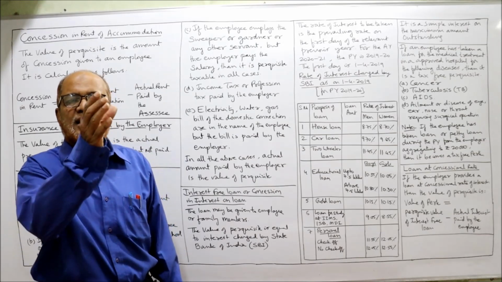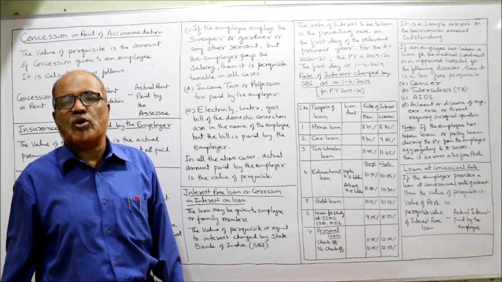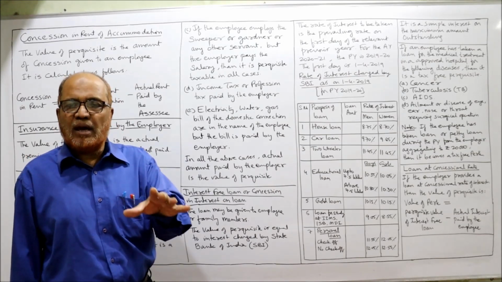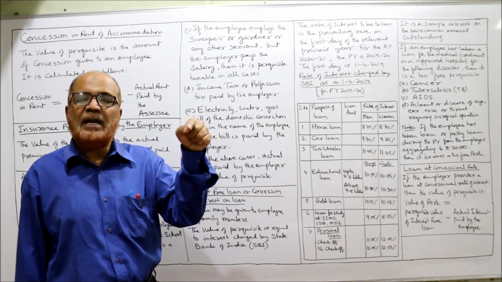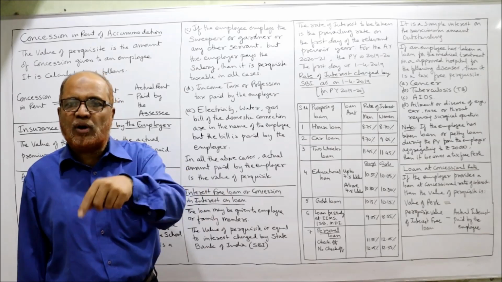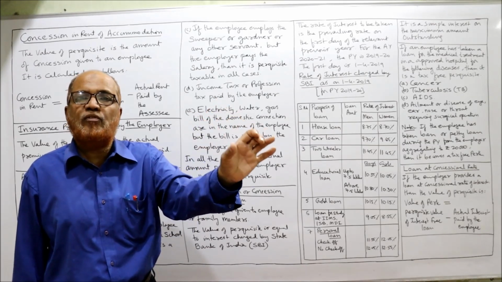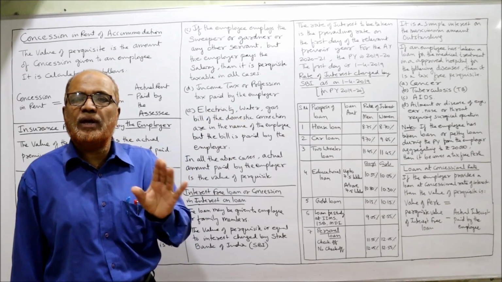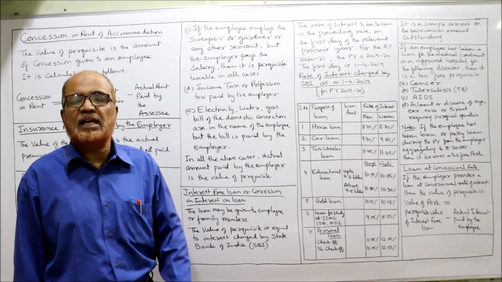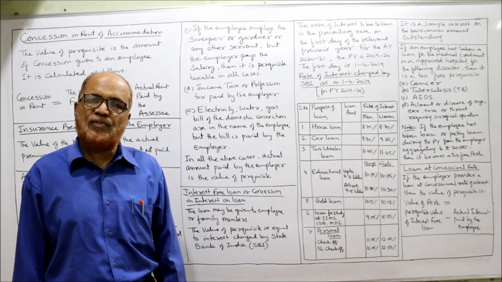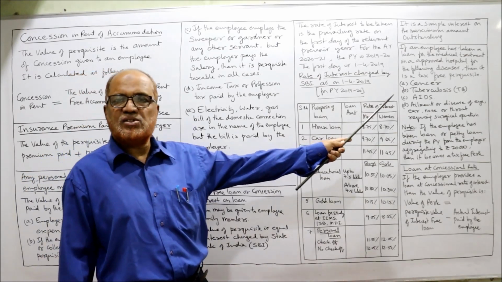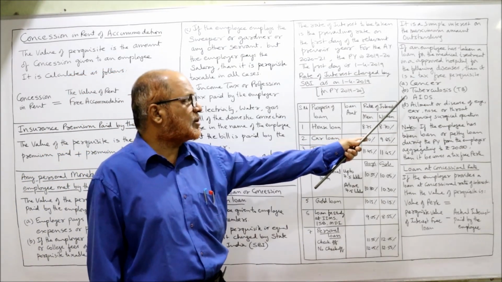The Income Tax Act has given the list of approved hospital. So if an employee has taken a loan from the employer for medical treatment of himself or family member in an approved hospital for the following diseases, then it's a tax-free perquisite. It's a tax-free perquisite. So what are the diseases for which this will become a tax-free perquisite?